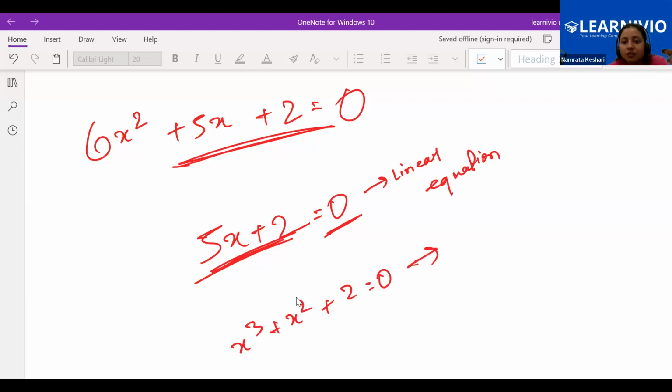No, ma'am. What is the name? Cubic polynomial. It's a cubic equation, not a polynomial, because I have given the equality sign. That's why we discussed the polynomial chapter at first, and now we are having quadratic equations. Clear?